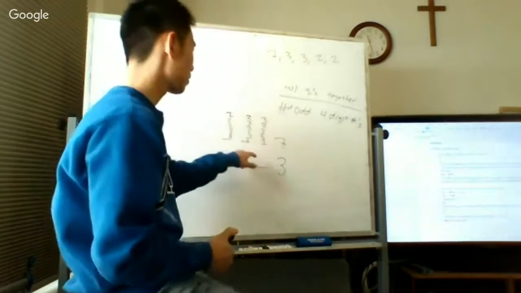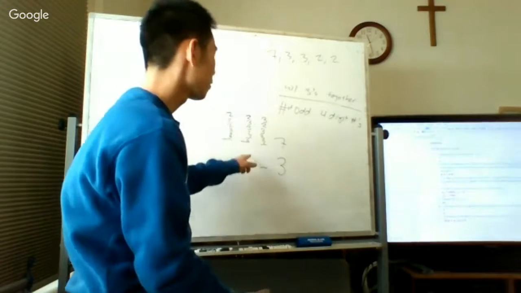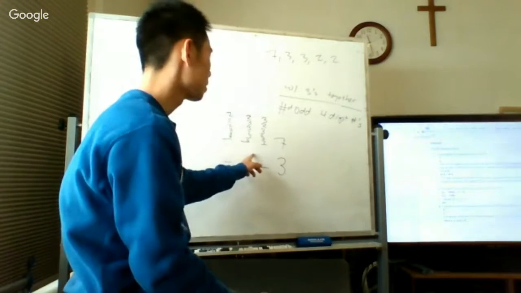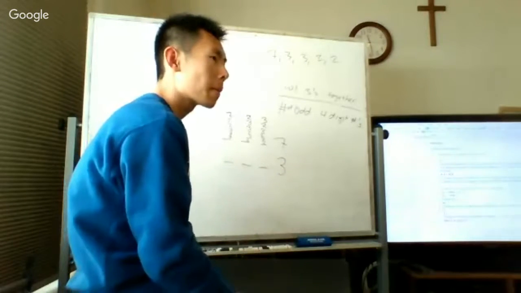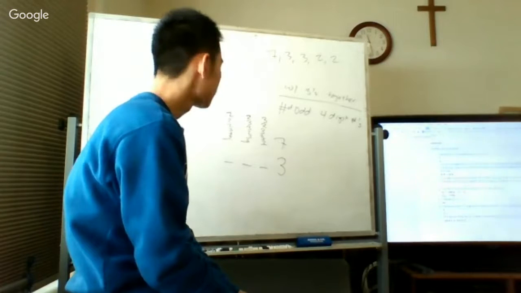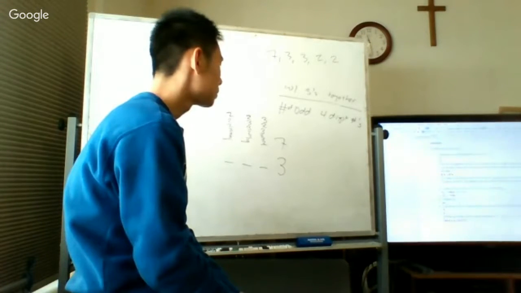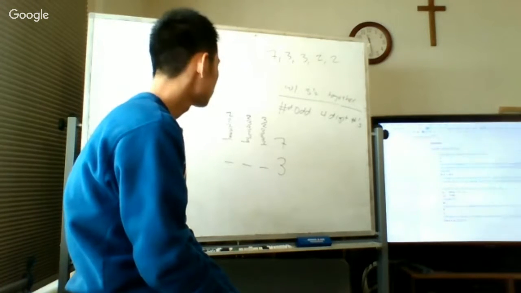How about this? Then we have 2, 2, and 7, and 3 left for here, right? You just do the same thing, but then you add in the 7s after.